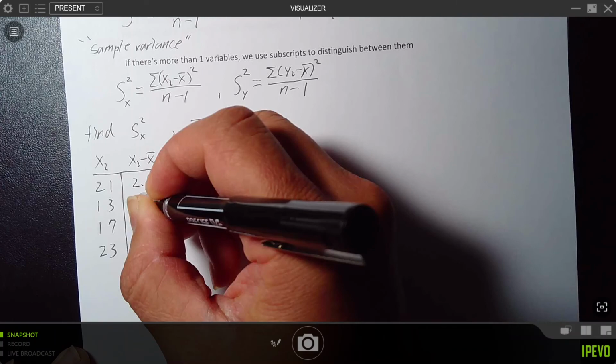Next, remember I'm simply following the identity. The next step is to square it, so this column will be xi minus x bar squared. We take everything in this column and put it in the calculator and square it.